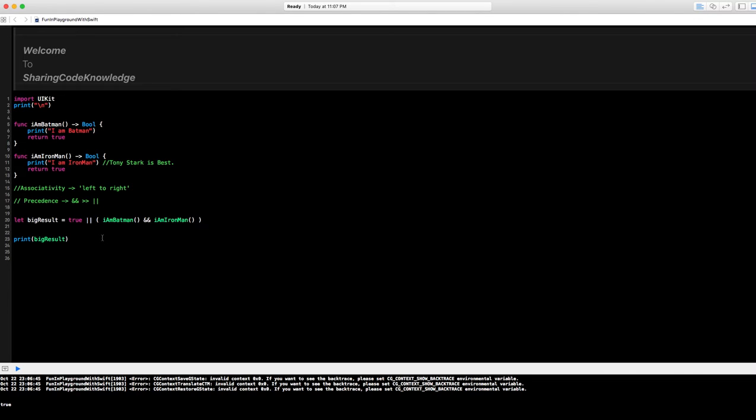I will tell you again. See, this whole expression will follow the associativity of left to right, but because of the precedence of the AND operator over the OR operator, it will group this expression first. But associativity will evaluate this expression from left to right.